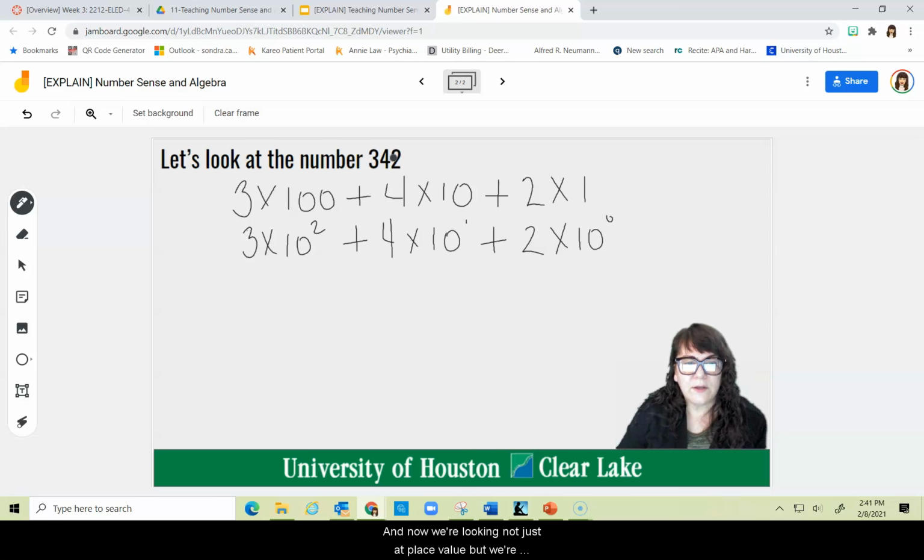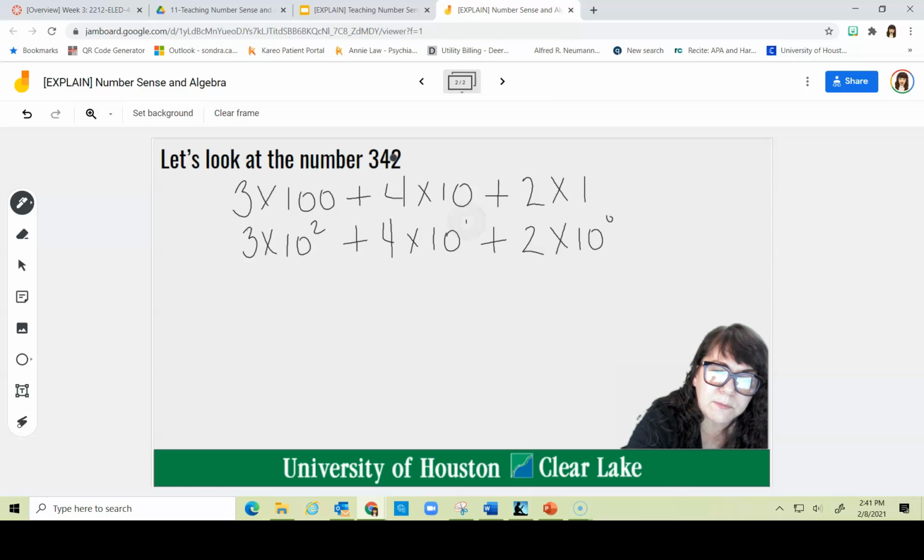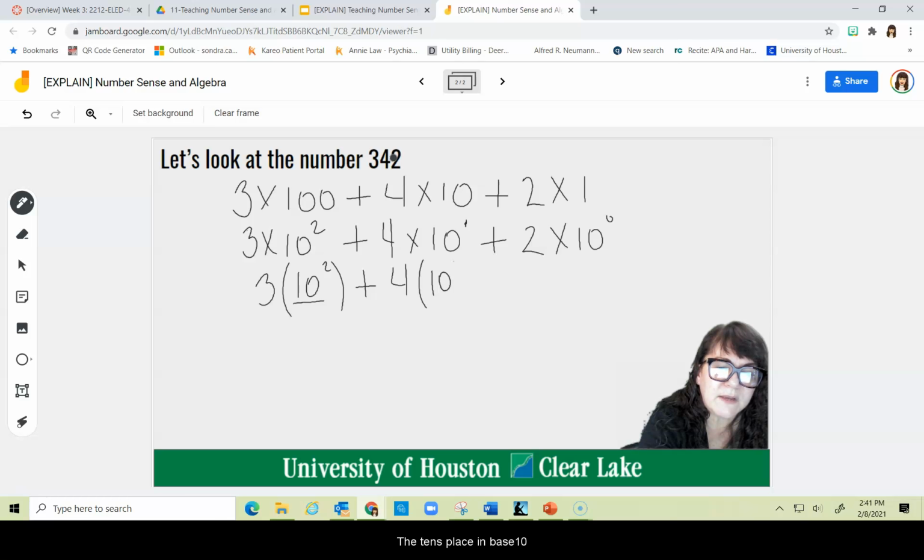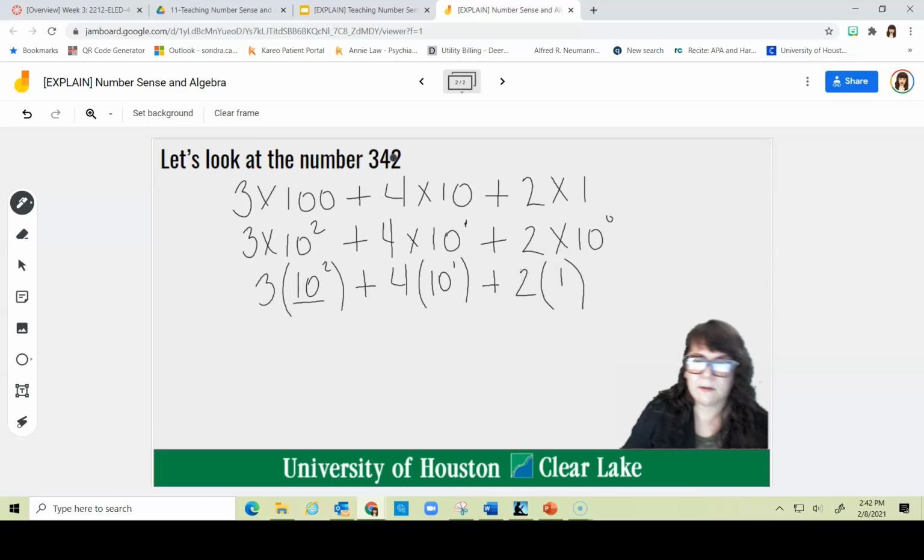And now we're looking not just at place value, but we're looking at place value utilizing base 10. So if I look at 100 in base 10, the tens place in base 10, and the ones place in base 10, because 10 to the 0 is 1.